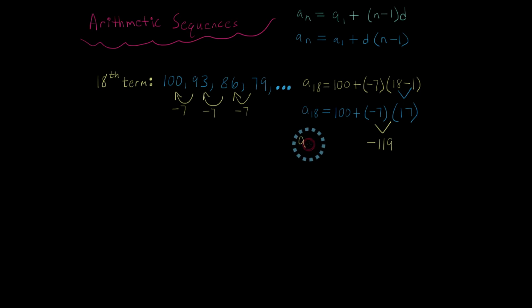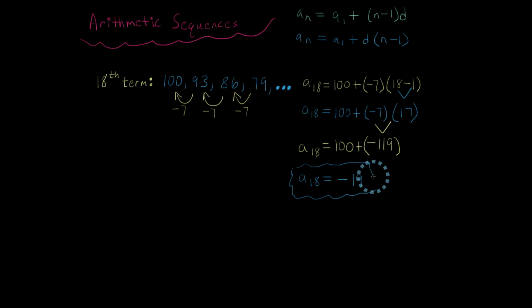So a sub 18 is equal to 100 plus negative 119. 100 plus negative 119 will give a value of negative 19. So the 18th term is going to equal negative 19.